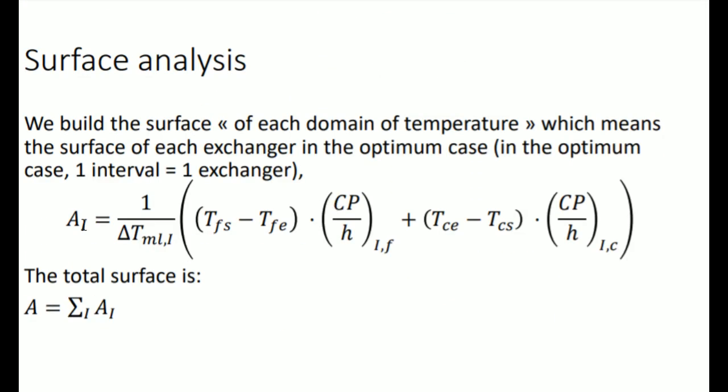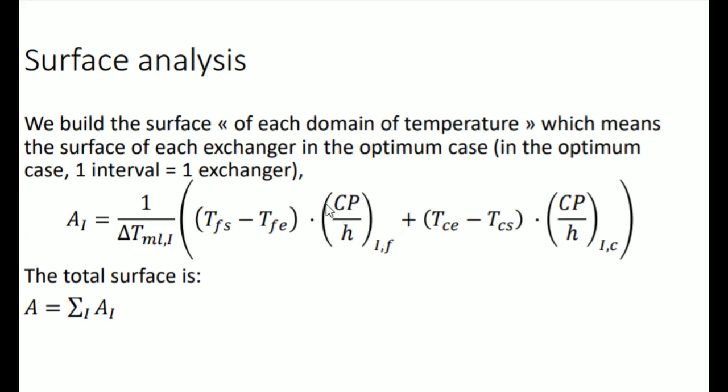Now we use this formula, so it relates the equivalent area. This factor Cp over h is homogeneous to a surface.